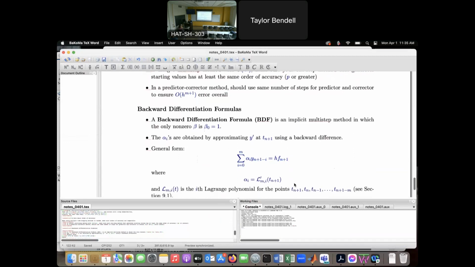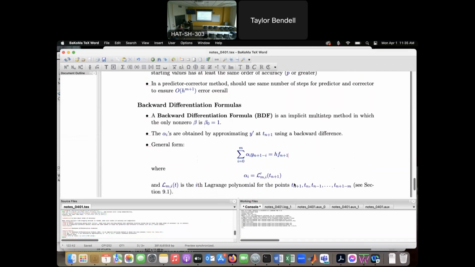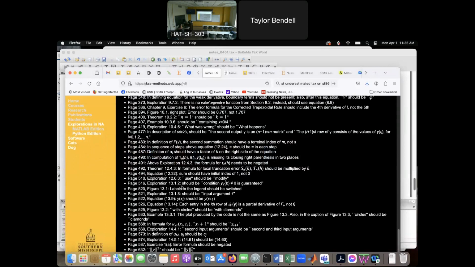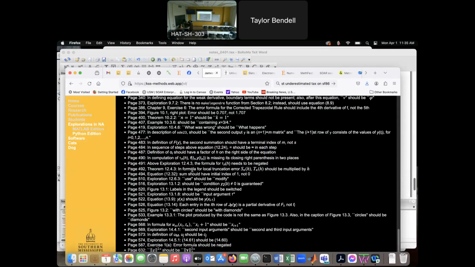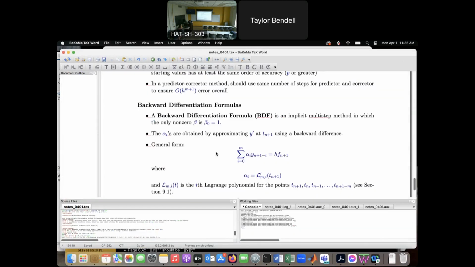And I think this formula, yeah, I need a factor of 1 over h in here. Let me check this.